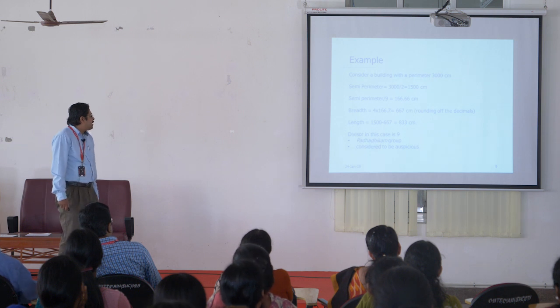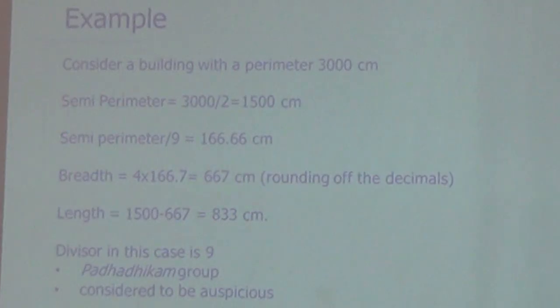So for example, consider a building with a perimeter of 3000 centimeters. Then the semi-perimeter is 3000 by 2, that is 1500 centimeters. Then let me say I have chosen one number between 8 and 32, that is 9. Then the semi-perimeter divided by 9 is equal to 166.66 centimeters.